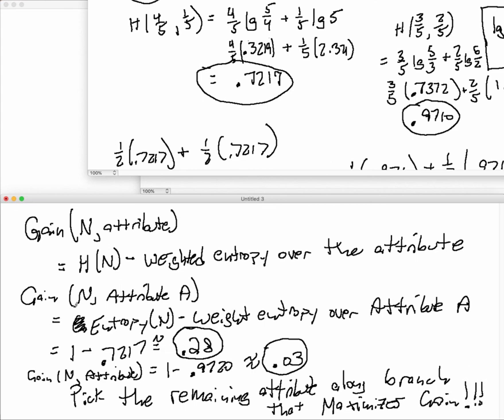So in this case, we saw that the gain was bigger here than here, which would say that we would pick attribute A over attribute B.